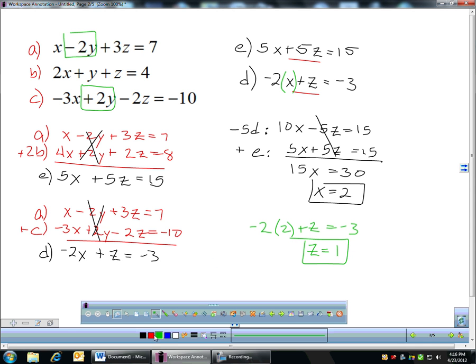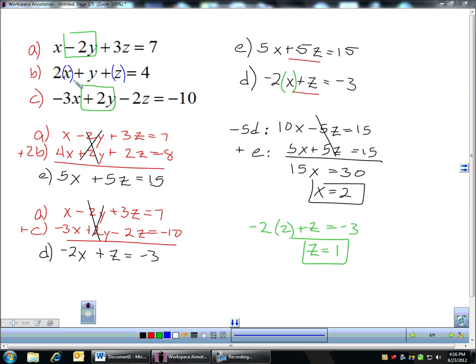And now that I know x and z, I can go back to one of my original 3 equations, and I'll just choose B. Just choose one at random. It really doesn't matter. And I'll plug in my x and z there, which gives me 2 times x, but x is 2, so 2 times 2 plus y plus z, which is 1, is equal to 4. 4 plus 1 is 5, so y plus 5 is equal to 4, and you get y to be negative 1.